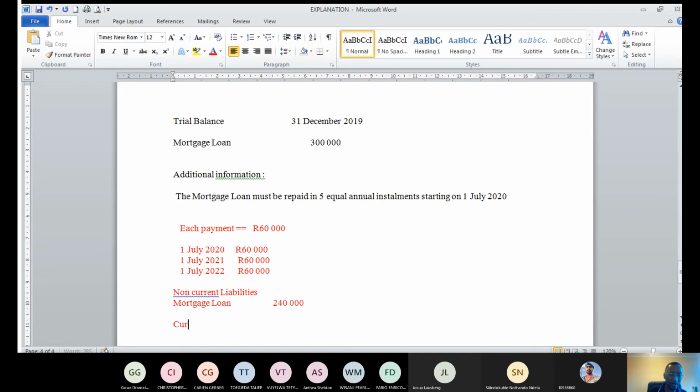And you are going to have a current liability. Under your current liabilities, you will indicate that you have got, as part of your current liabilities, the current portion of your mortgage loan, and the current portion will be 60,000 rand.